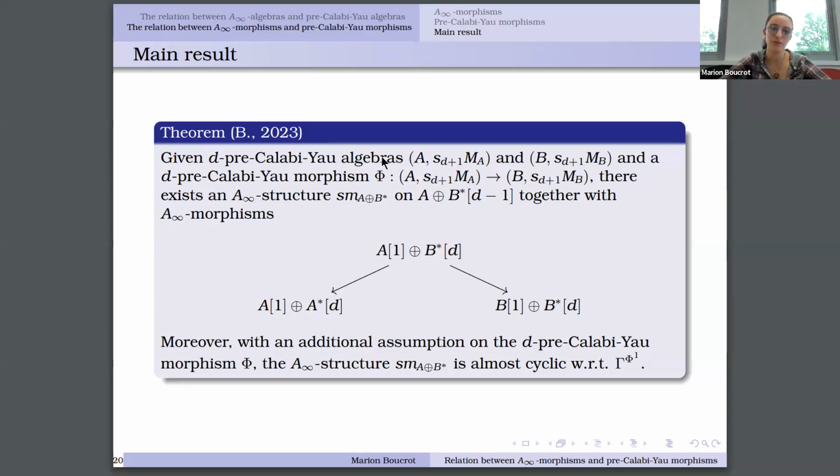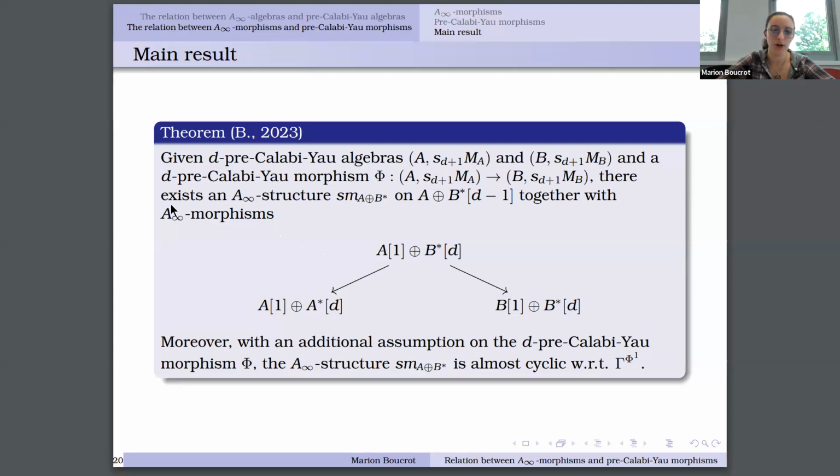But I don't assume here to have finite dimensional graded vector spaces, because for this equivalence, I can just start with a deep pre-Calabi-Yau algebra and then induce almost cyclic infinity algebras without this finite dimensional assumption.